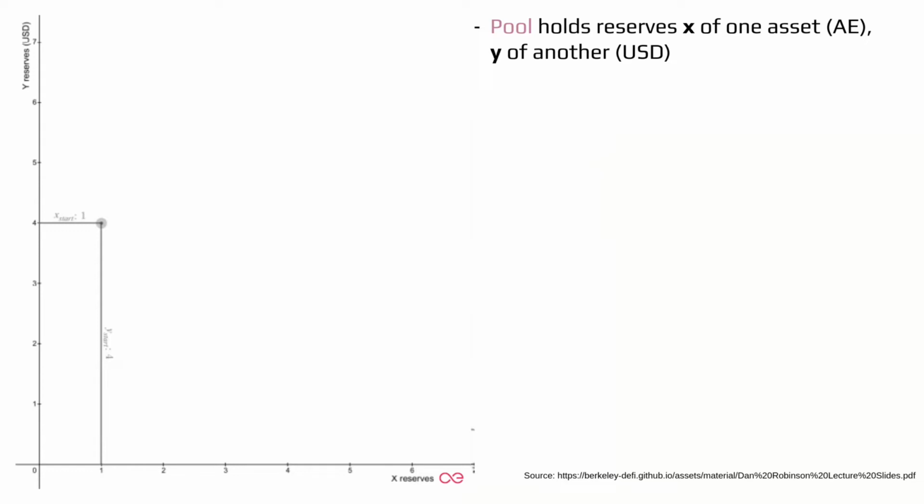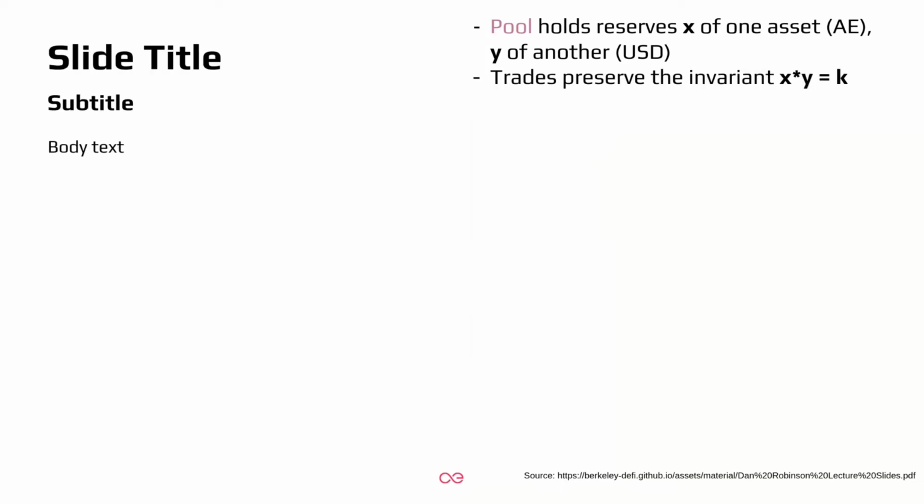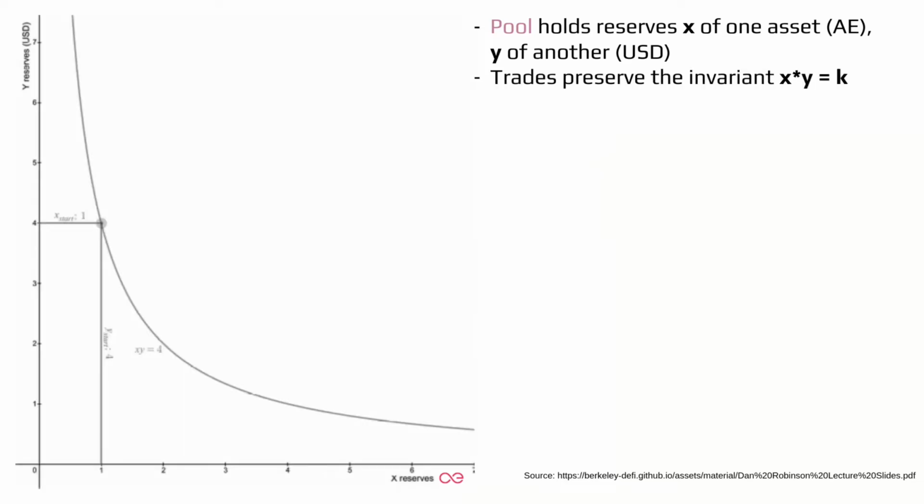And you can see that we're starting with one Æternity token, and we have 4 US dollars in our pool. And when we draw in the constant function, we can see that we get this nice curve, and the point where we are at the moment lies perfectly on that curve.